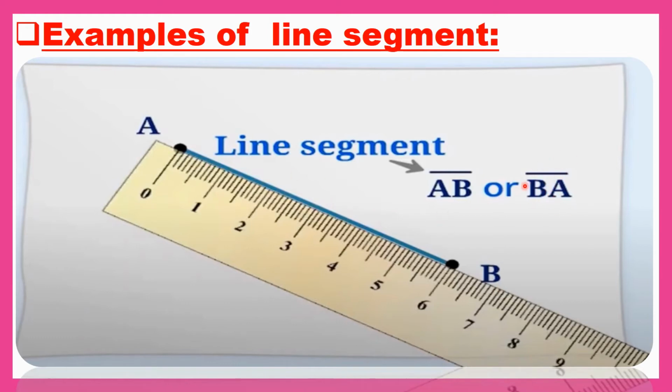Keep in mind, the line segment AB or line segment BA are two names of the same line segment. Since we can measure the distance between two endpoints of a line segment, we can say that length of line segment is fixed.